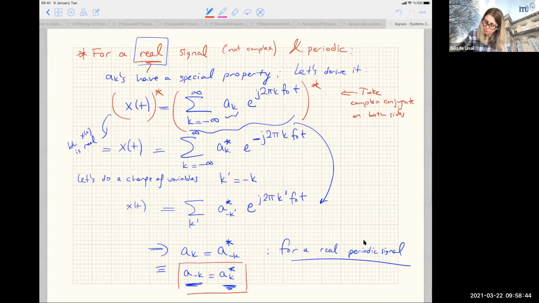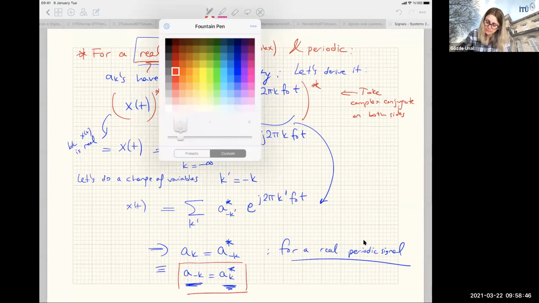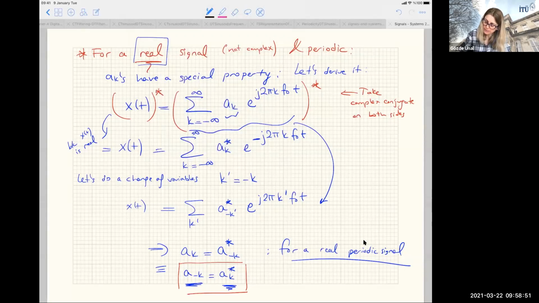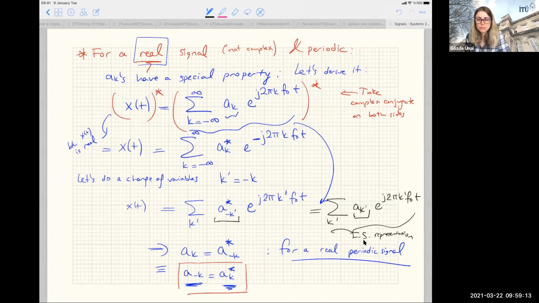I hope you understand what I did here. We said x of t is also equal to the sum over k prime of a_k, k prime or k doesn't matter, but let me rewrite it for your notes. This is the Fourier series representation of x of t. And then we equated these two terms. I just switched k prime to k to get rid of it.